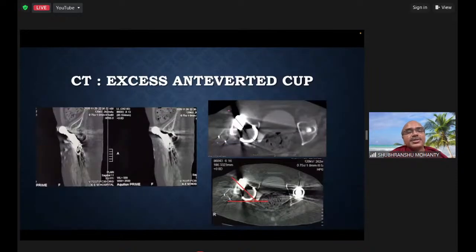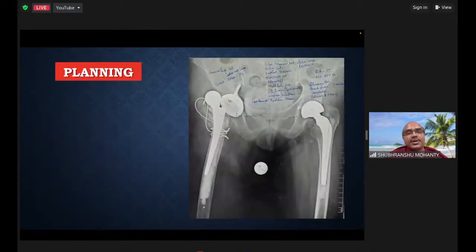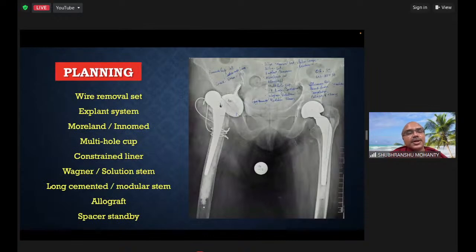We did a CT scan and it showed an excessively anteverted cup, almost 60 degrees of anteversion. So this was an anterior dislocation, compared to the routine posterior dislocation we usually see. For planning, we kept a screw removal set because you have to take out those screws. We needed an explant system because we wanted to revise the cup, as its position is too anteverted.